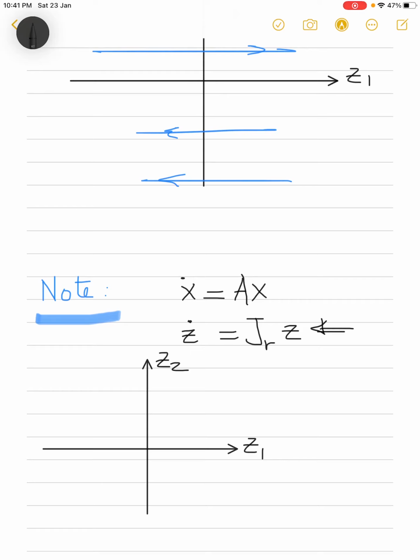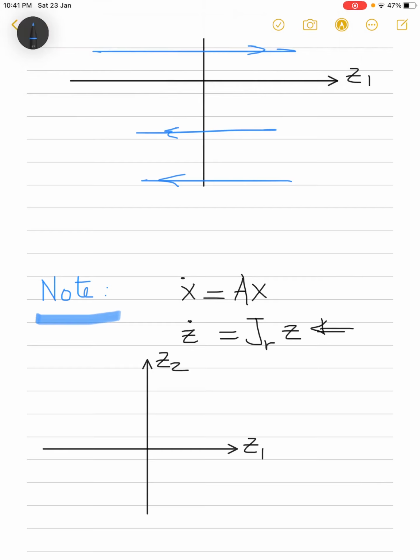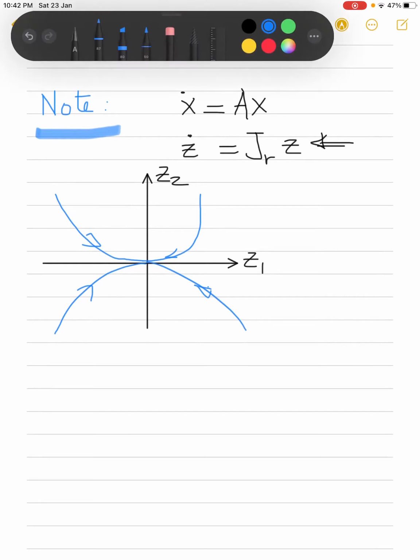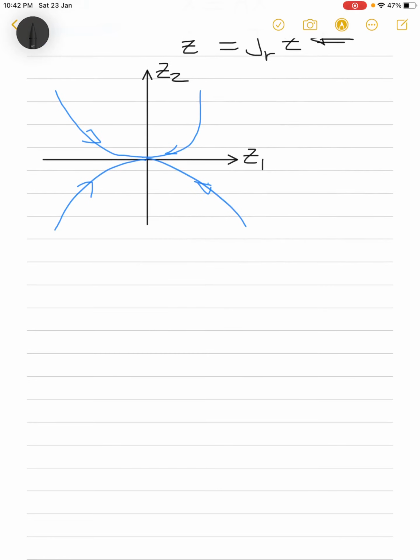And for example, if we consider the phase portrait for the stable node, which looks like this, if we consider the general form, which is x dot equals Ax, in that case the eigenvectors will no longer be along the axes.